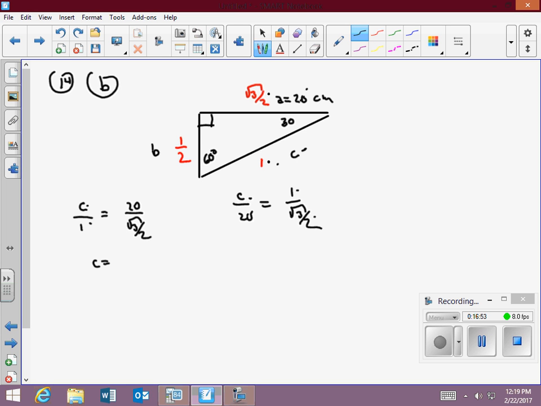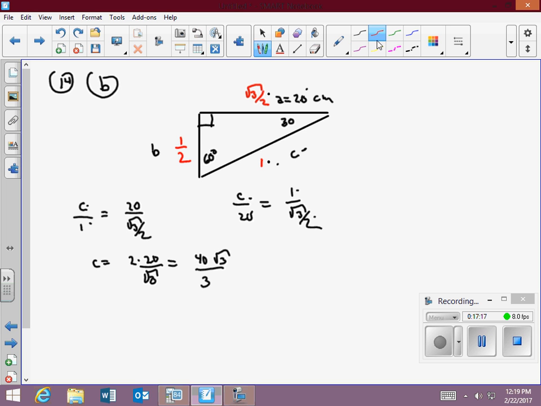So C is going to be 2 times 20 over the square root of 3. Now that's going to be a decimal. What would be most appropriate is to rationalize your denominator and get that.